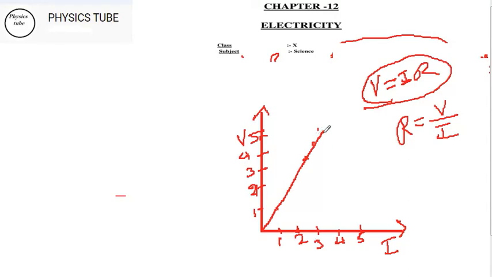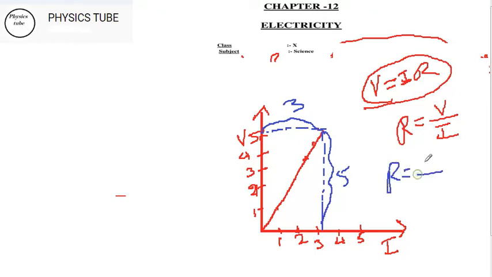So my V is this actually. This value is V, so it comes to be 5 here. And this value is my I, so here it is 3. So the resistance value I get here is V by I, so 5 by 3.